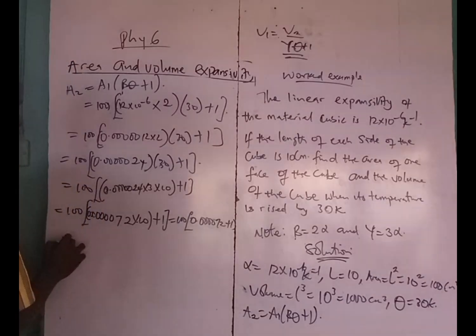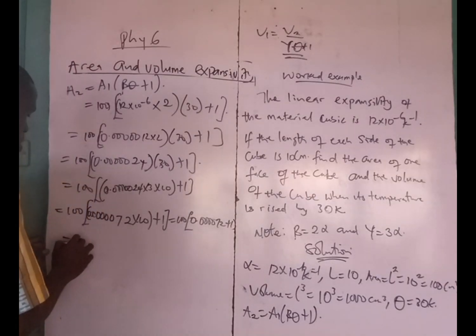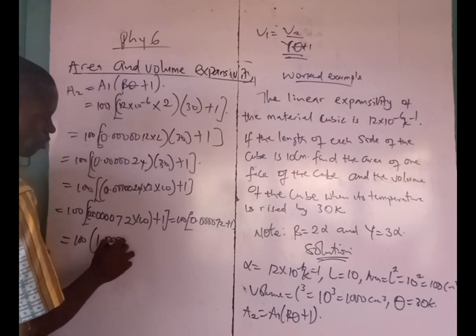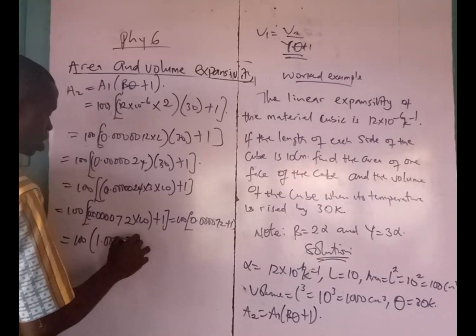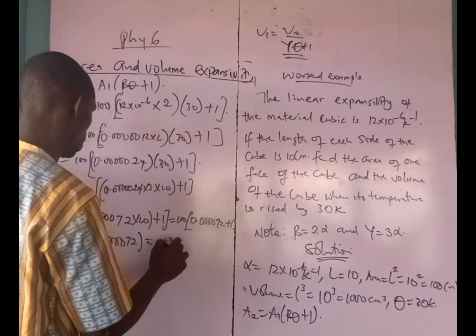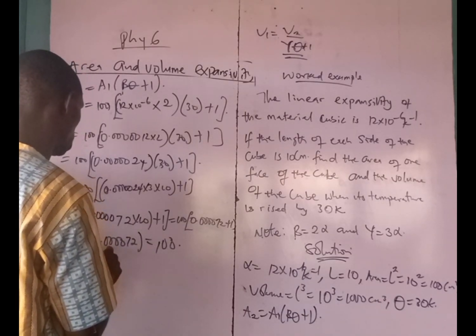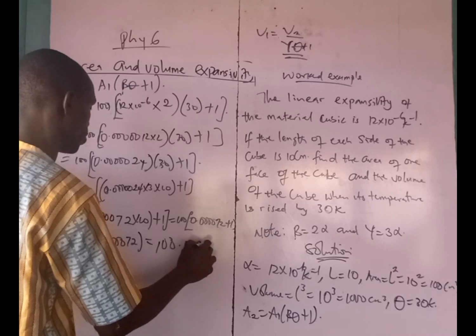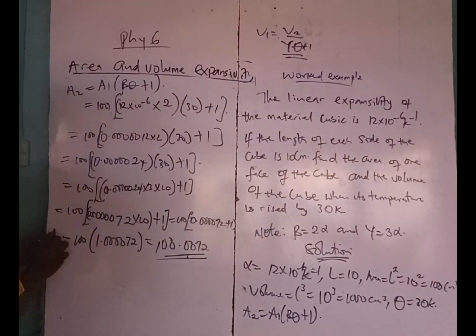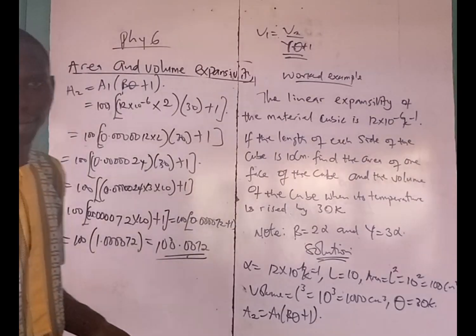So our answer now will be what? 100 into 1.0000072. So when you multiply, you have 100.0072. That is the area 1. Area 2, sorry. Alright.